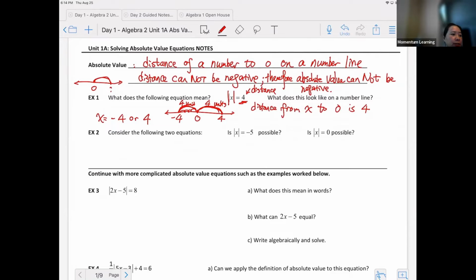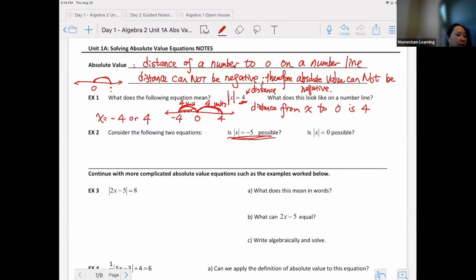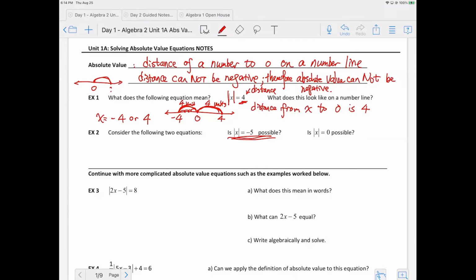Now let's look at example 2. Is this possible? Absolute value of x equals -5. Remember the definition, absolute value is the distance. You can type your answer in the chat.